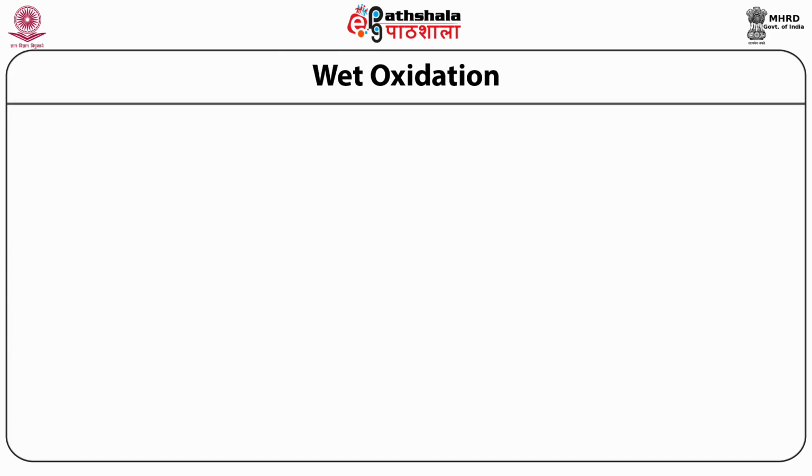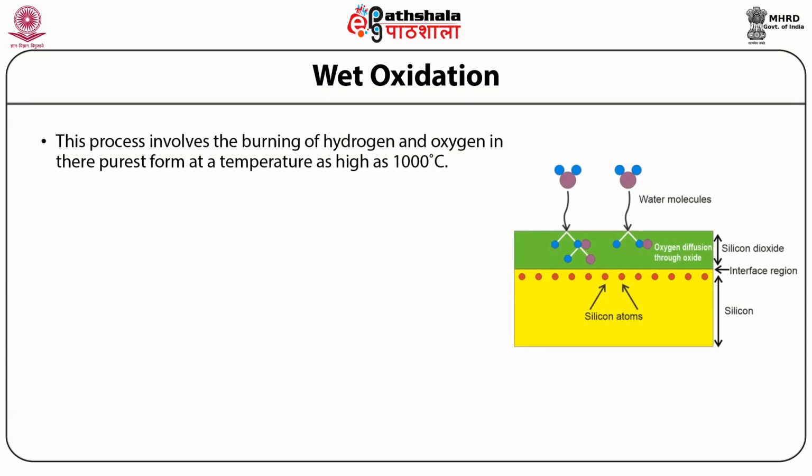So let us now discuss the wet oxidation process. This process involves the burning of hydrogen and oxygen in their purest form at a temperature as high as 1100 degrees Celsius.